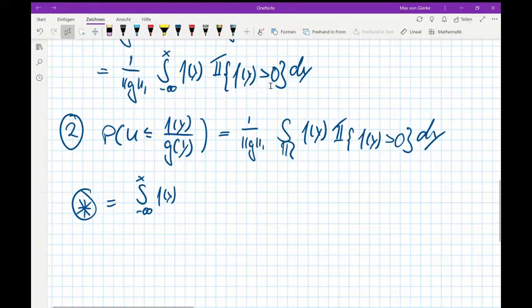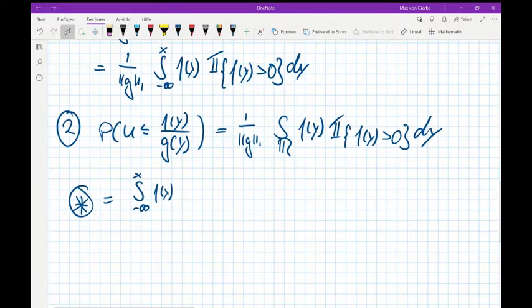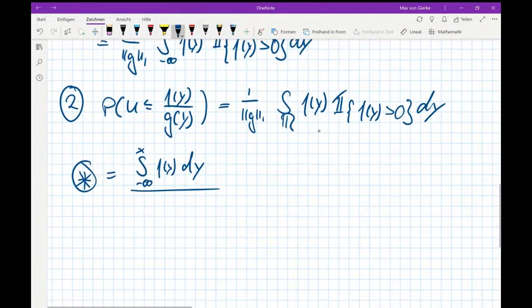So it doesn't matter whether we integrate with this part we left out or without. I can just ignore these indicator functions here and here because it doesn't change the integral. So basically what I have is this divided by this.